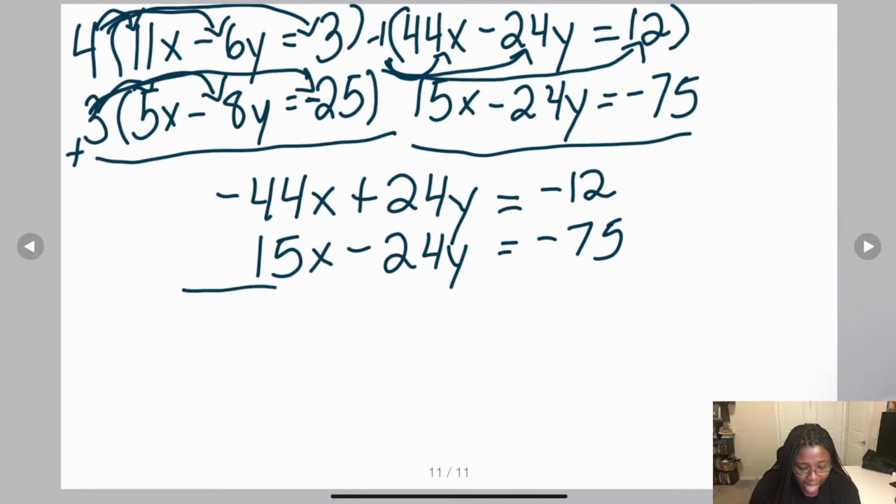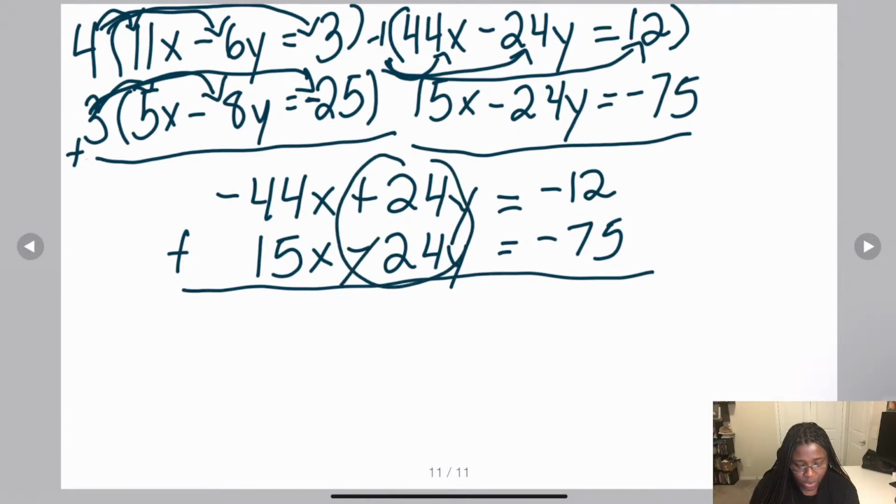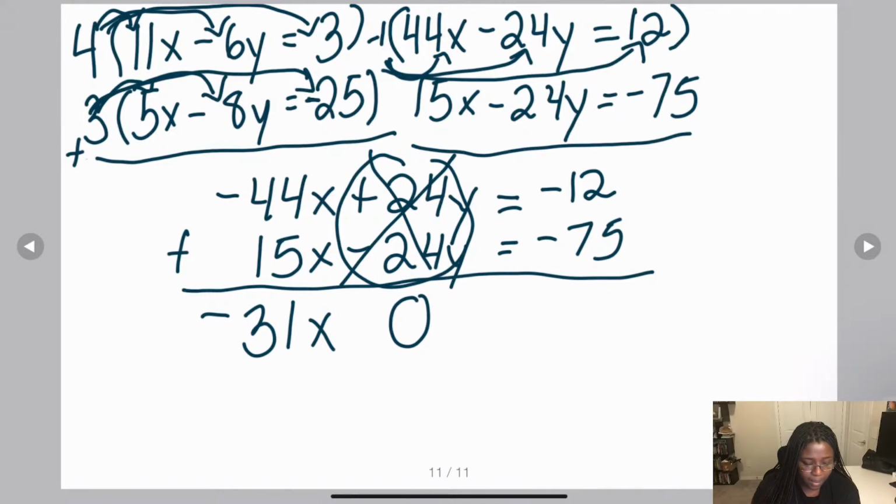So now we can add these down because the y's, 24 plus -24, will eliminate themselves, which is the goal here. So it becomes 0. -44 plus 15 is going to be -31x. Oh wait, that's not right. That looks like maybe -29x.